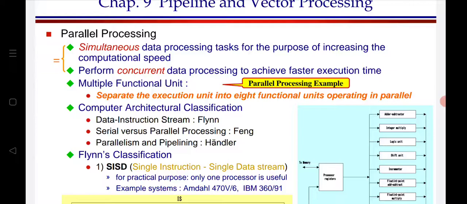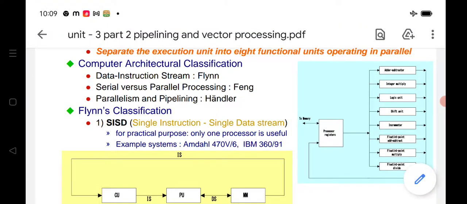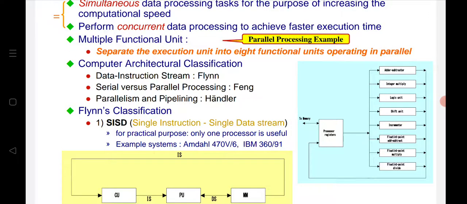The computer architectural classification, if I look here: data instruction stream, pipeline, serial versus parallel processing, parallelism and pipelining. Okay, so these are different computer architecture classifications. We'll see them one by one. Now in this example block diagram, I'm using a processor register.